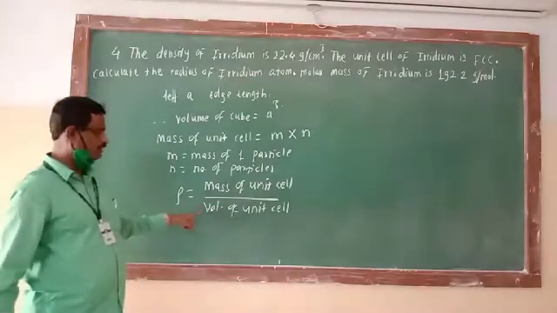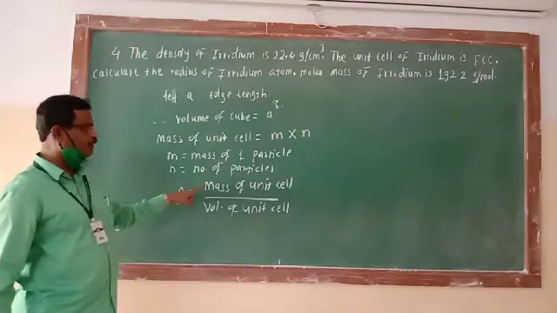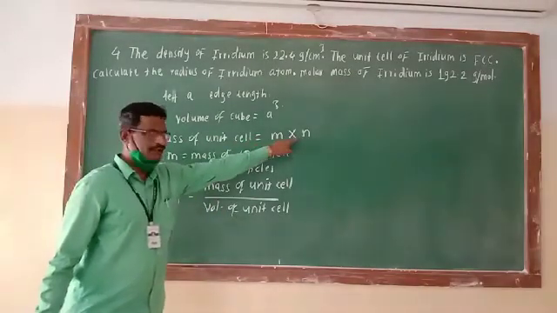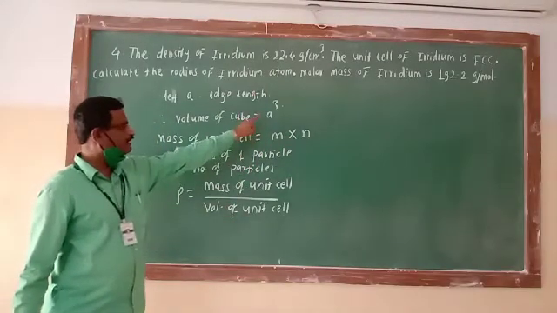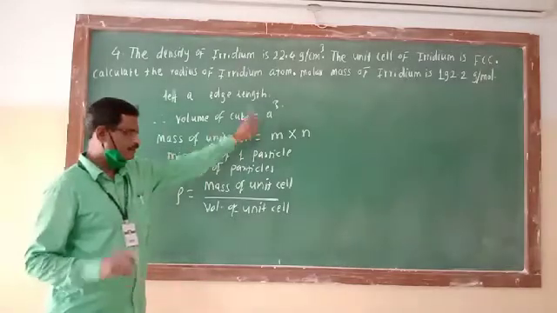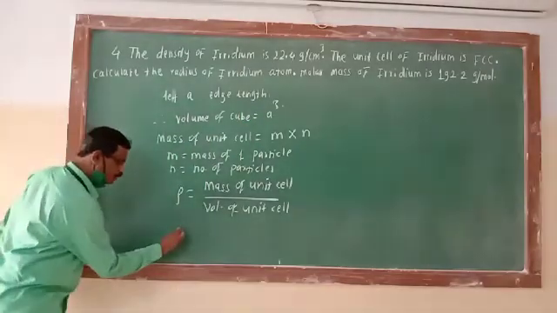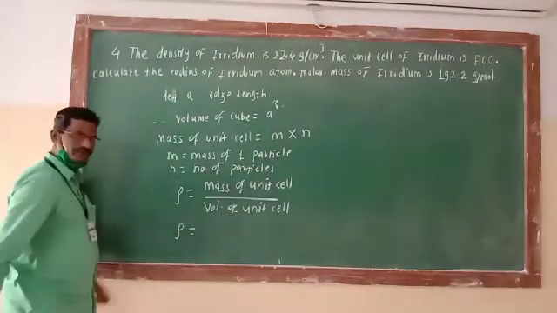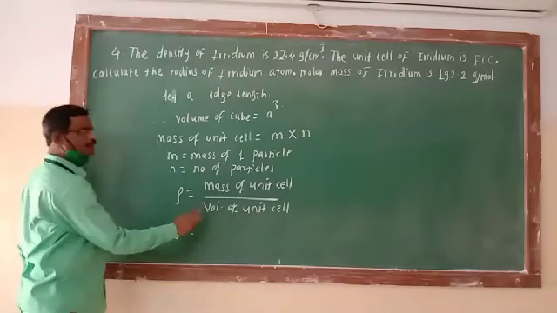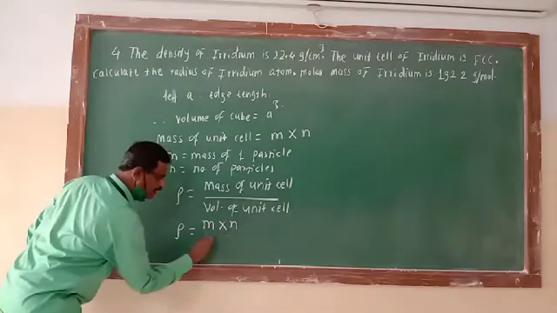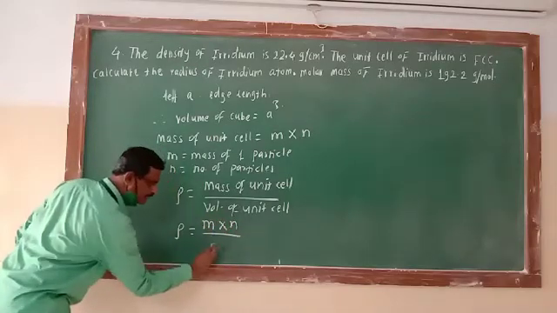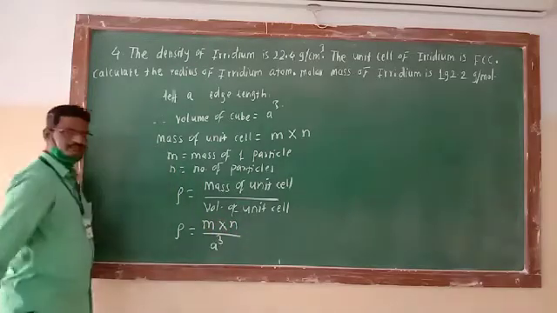Now mass of unit cell we know it is m into n, divided by volume of unit cell, that also we know it is equal to A cube. So substituting the values we will get rho density will be equal to mass of unit cell, that is m into n, divided by volume of unit cell A cube.